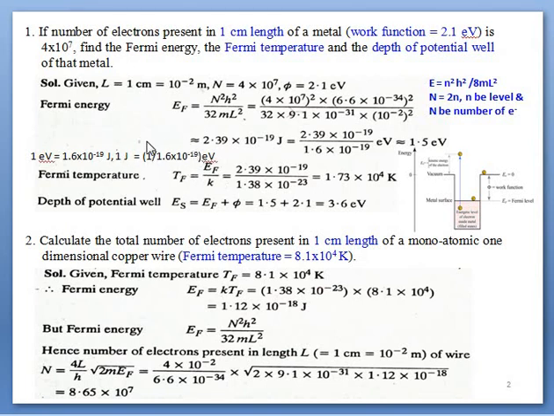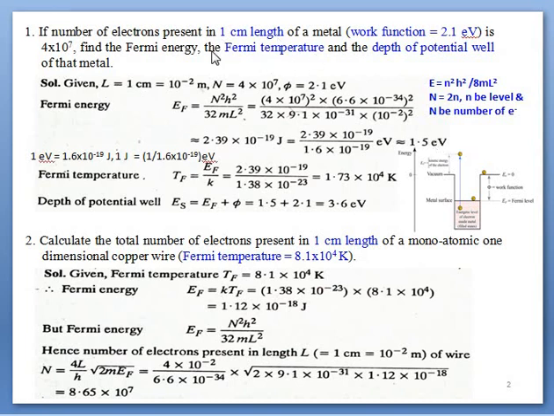So we multiply this amount of joule by this factor. After simplification, it is equal to 1.5 electron volt. So Fermi energy is determined.